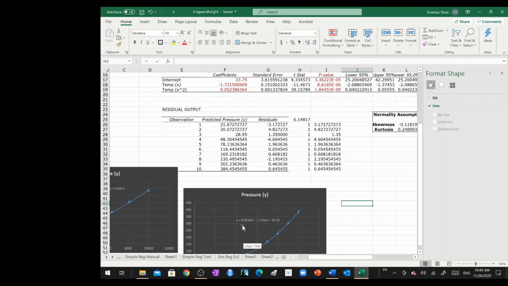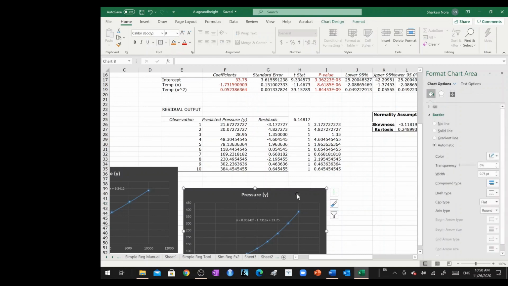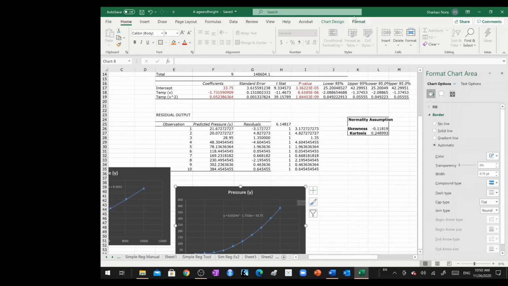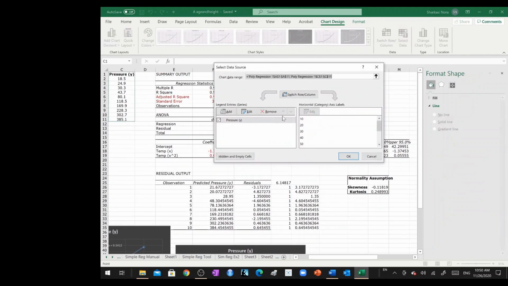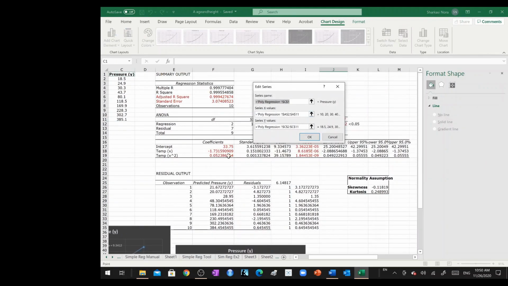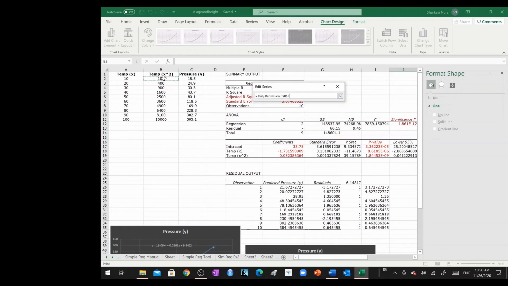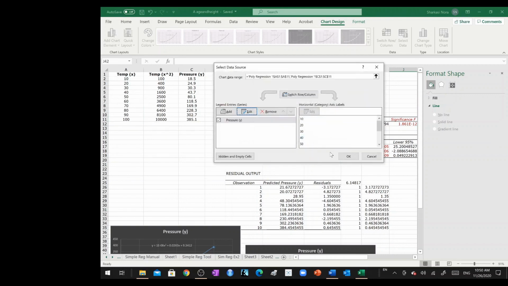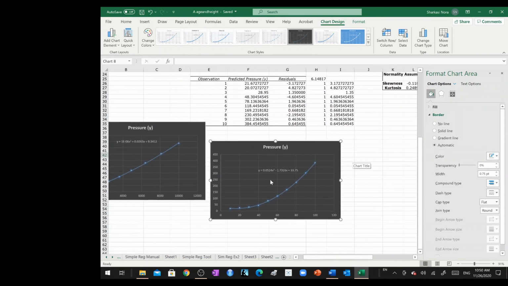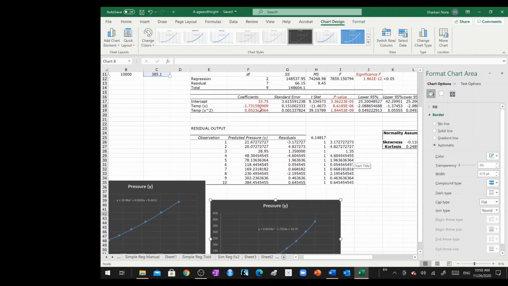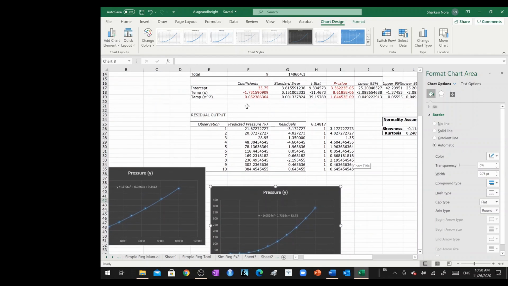If you get something different, for example, something like 5.2 or 17 point whatever, and it is not exactly the same as the coefficient, just go ahead, select your graph, and go to chart design, select data, and make sure that you select the x-axis being this. You just need to make sure that the x, not the x squared term, is plotted on the x-axis. In this case, you will get exactly the same coefficients of the trend line as the output over here.